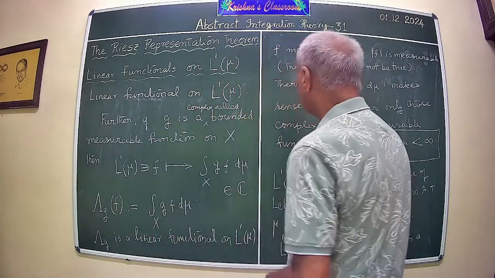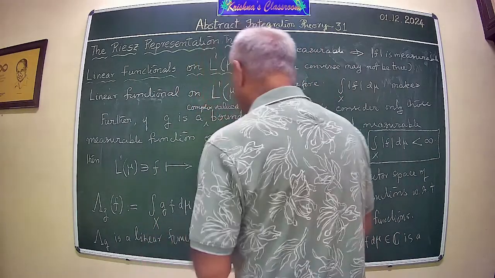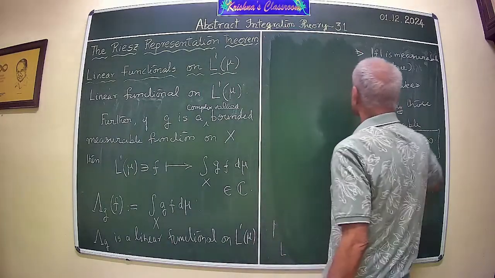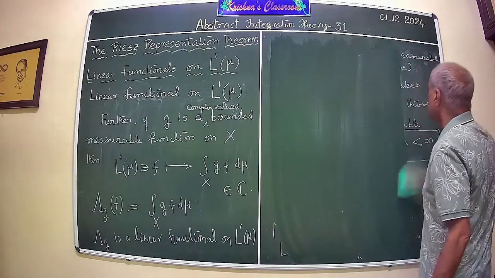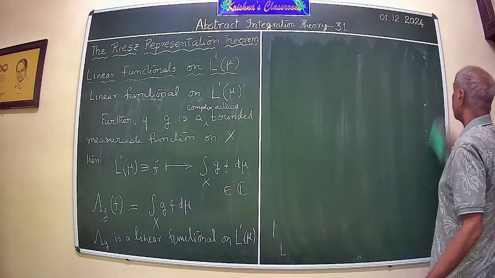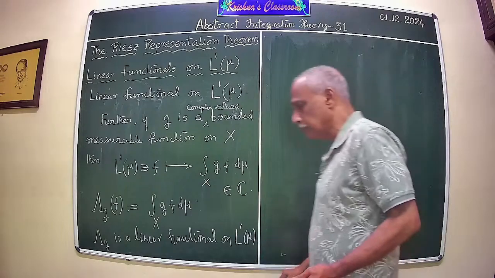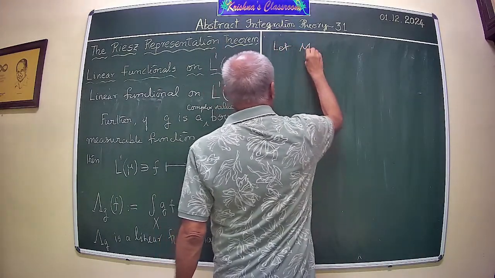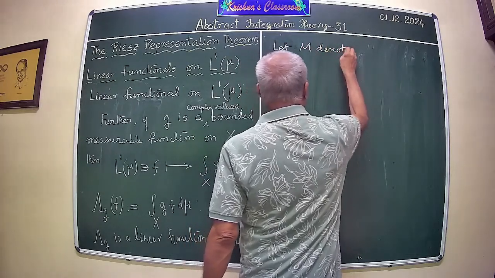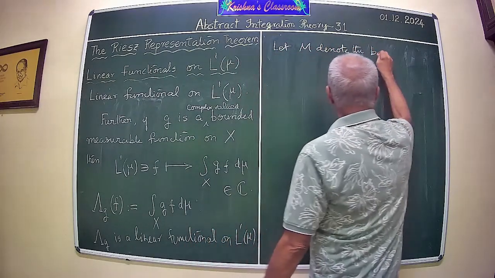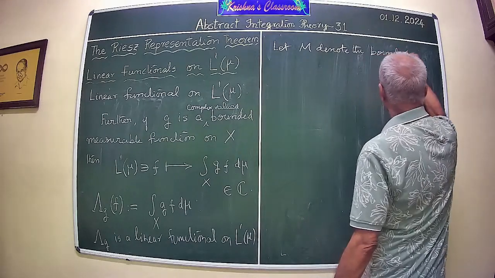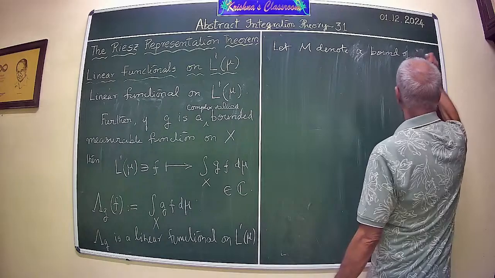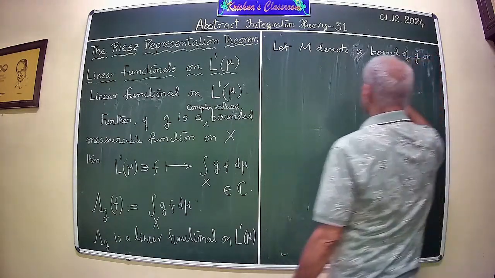Why is it so? Because you have the following, namely G is assumed to be bounded. This probably can be relaxed to bounded almost everywhere. Okay. G is bounded, so let M be a bound of G on x.